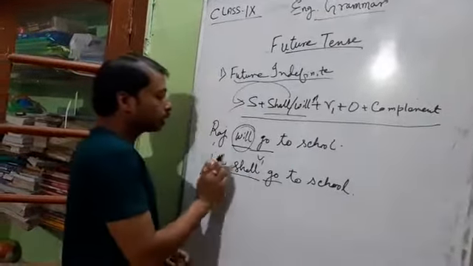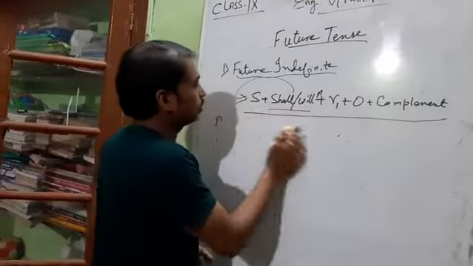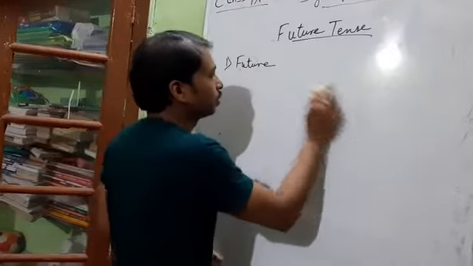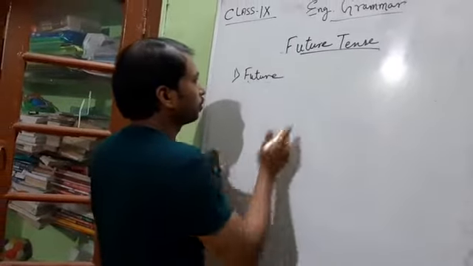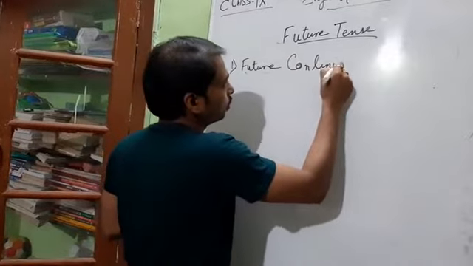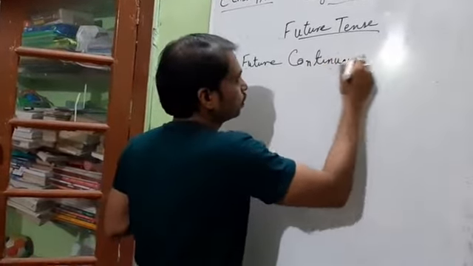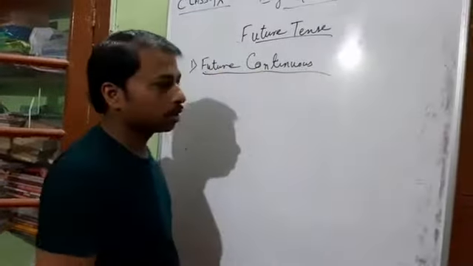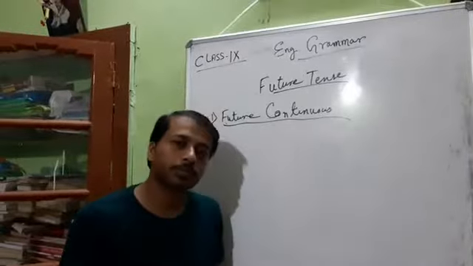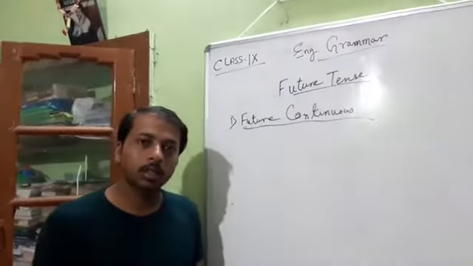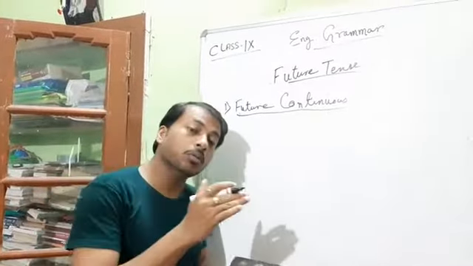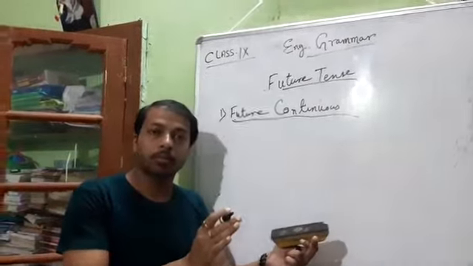Now coming to the next, that is future continuous tense. Which kind of actions are said to be in future continuous tense? Any action which is said to take place for a small period of time in future.